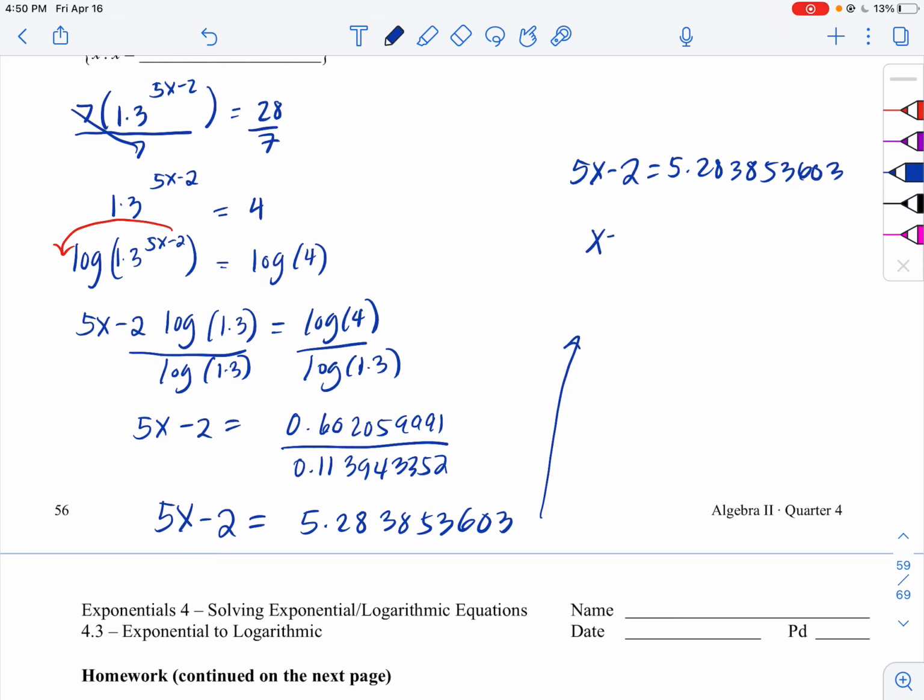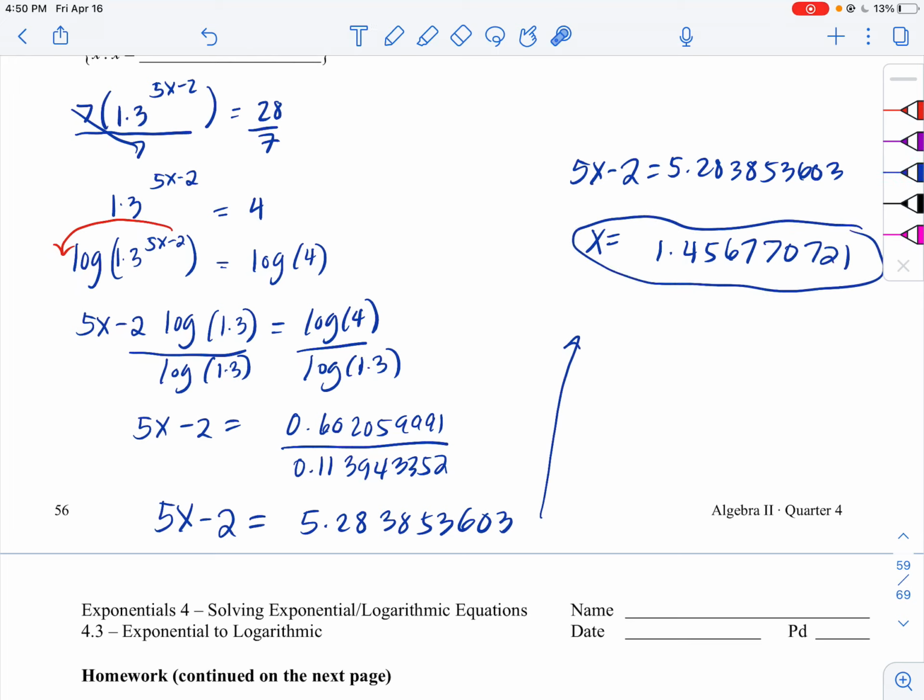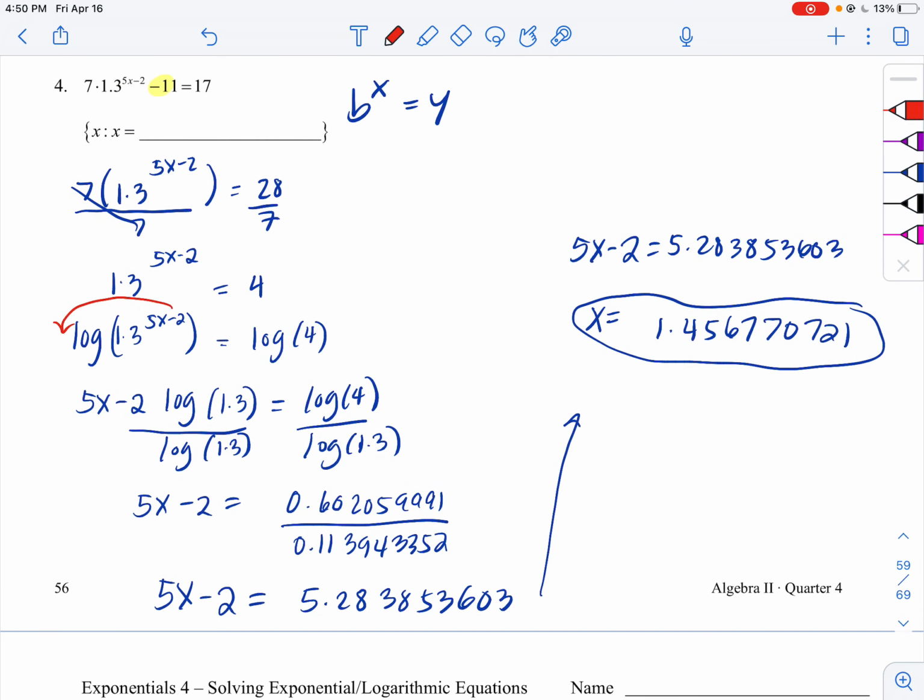So hopefully, you will get an answer of 1.456770721. Again, how did I get this answer? I put this in my calculator, I added 2, and then I divided that by 5. So I'm going to round my answer to 1.4568. Okay, there you have it.